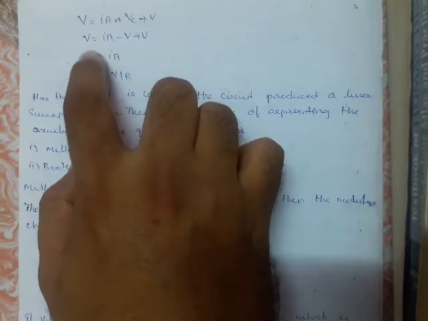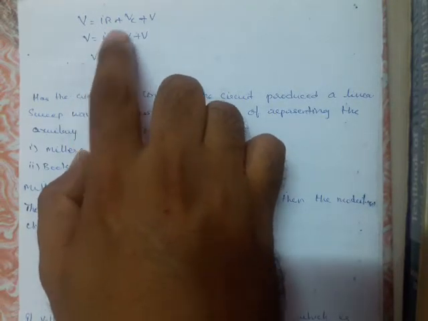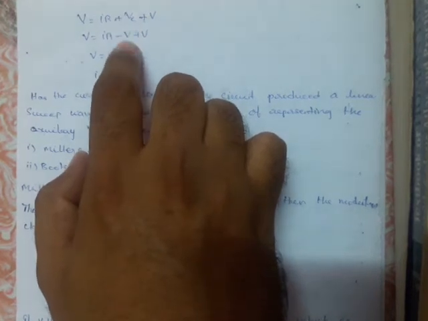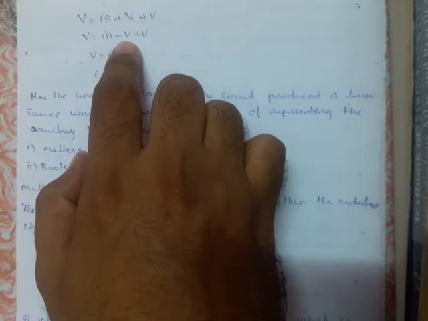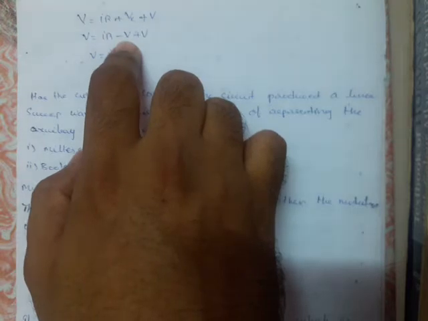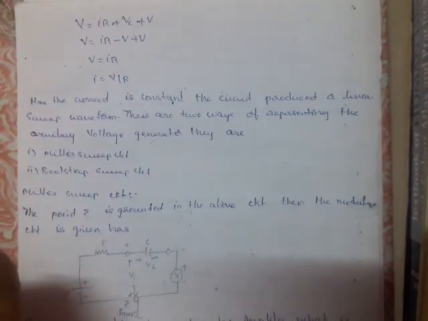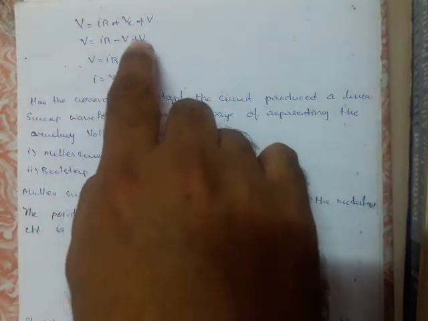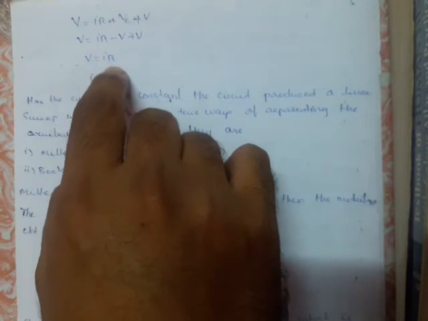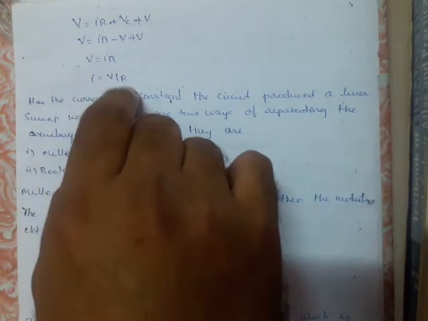In the place of VC I am replacing minus V, because according to nodal analysis, the voltage present at this node must be equal to the voltage present at that node. The V and minus V get cancelled, and we get V = IR, so I = V/R.